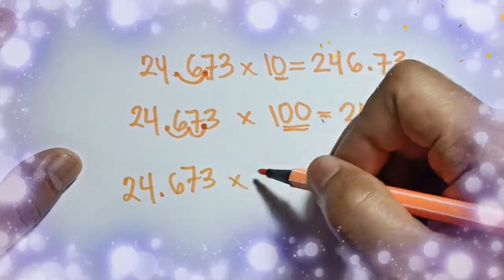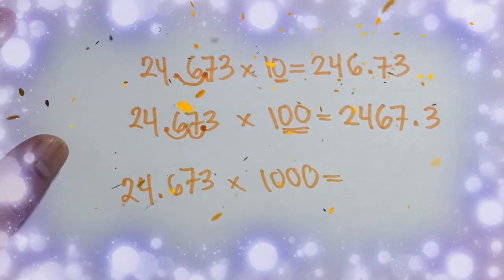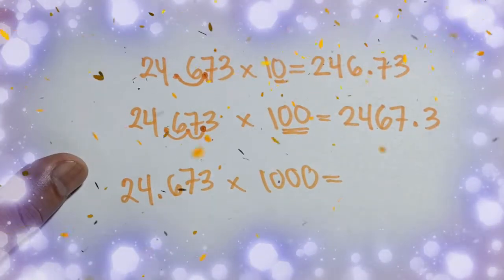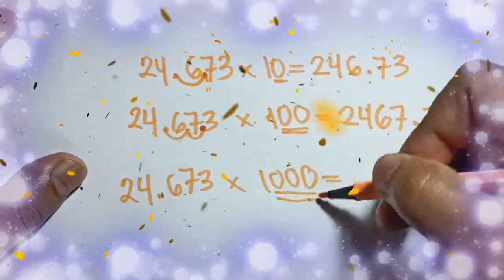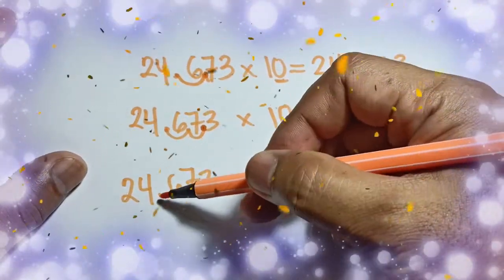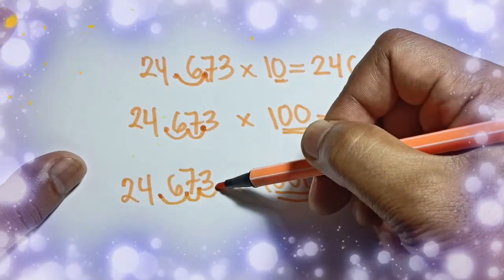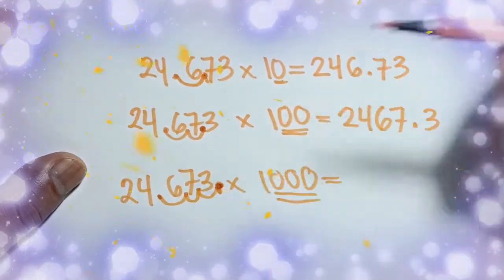Similarly, if you are asked to multiply 24.673 times 1000, since there are 3 zeros in 1000, you're going to move your decimal point to the right 3 times. So 1, 2, and 3, so the decimal point will be moved here.